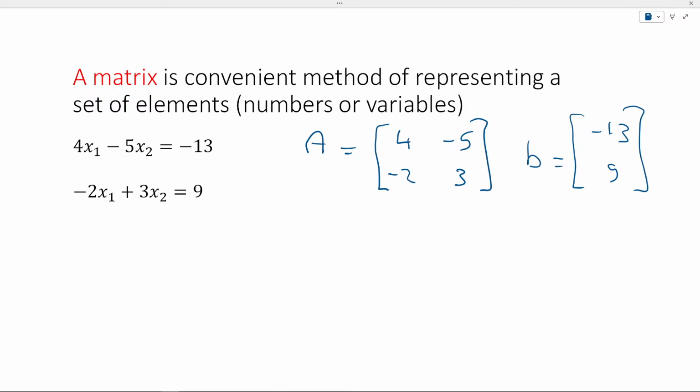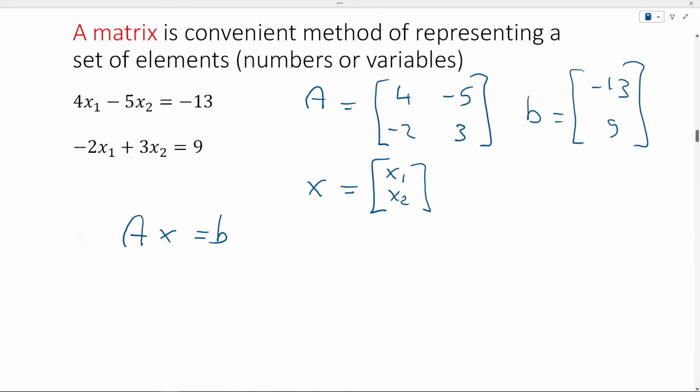I have two variables here, which I can call x, that is x1 and x2. So now can I represent this equation in that form? I can say A times x is equal to b. A is a matrix, x is a matrix, and b is a matrix.